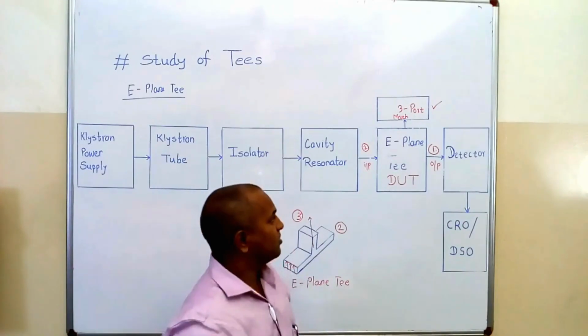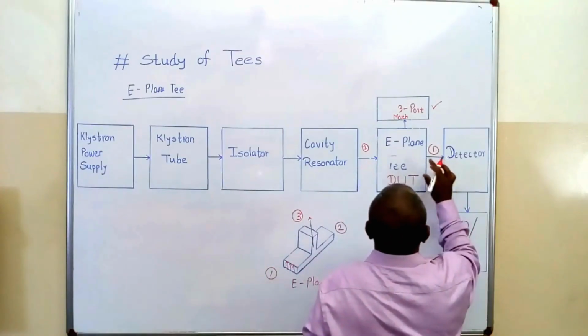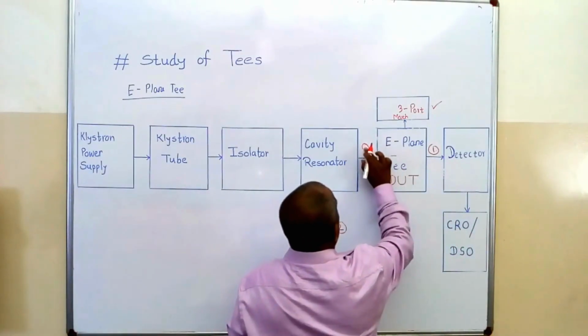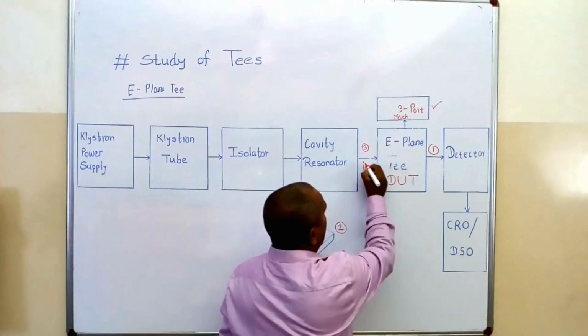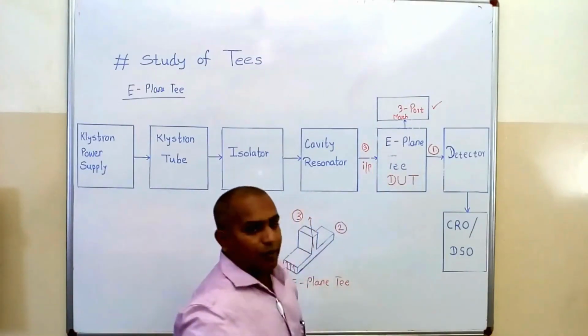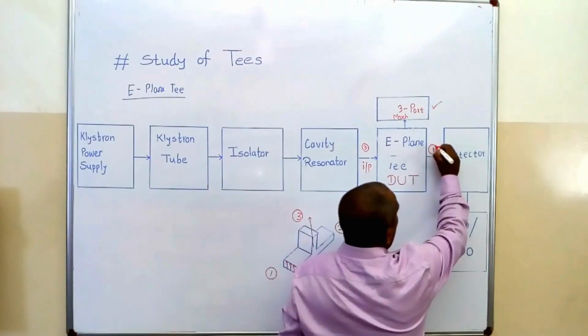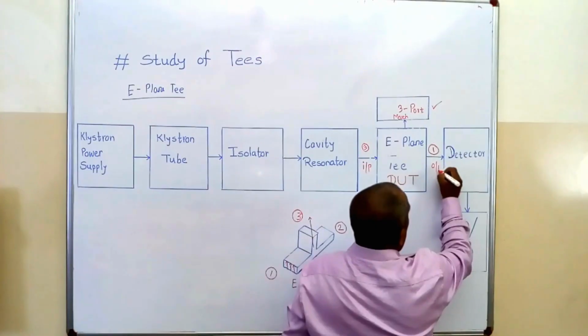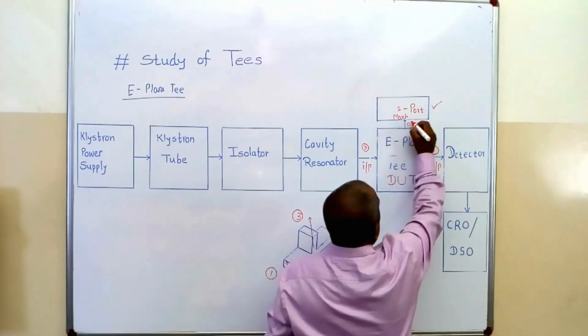Now let us change the scenario. Our scenario is to apply the input to port number 3 and measure the output across port number 1 and port number 2 also.